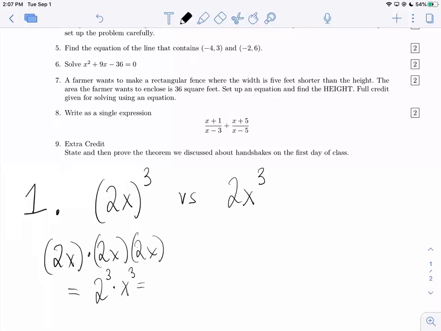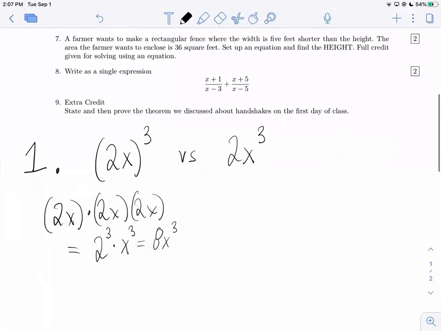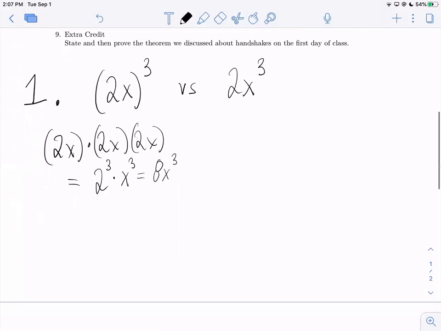So this is really 8x to the third. And this one is just 2 times x to the third. So these are not equal. Excellent. This is a really common trap, and it also shows up a lot when there's a minus sign. So this is something to be careful with.